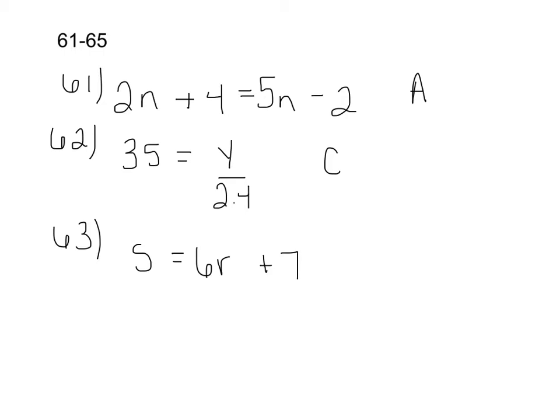And then the one that's going to correspond to that the most is going to be A. And the reason why they can switch the order of these is one of the properties we talked about last time. So again, 3 plus 4 is the same as 4 plus 3, and that's the commutative property. So that allows you to put the 7 plus the 6R. So that's why 63, again, is A.